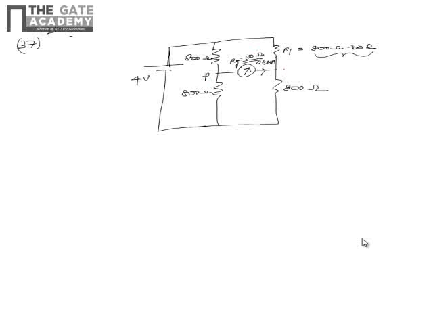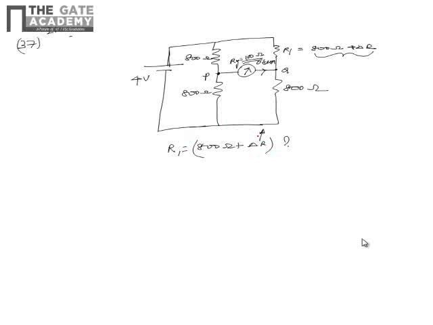If I take these two nodes as P and Q, we need to calculate the new value of resistance for this current. We need to calculate R1, which is 800 ohms plus delta R. We can do it in many ways.